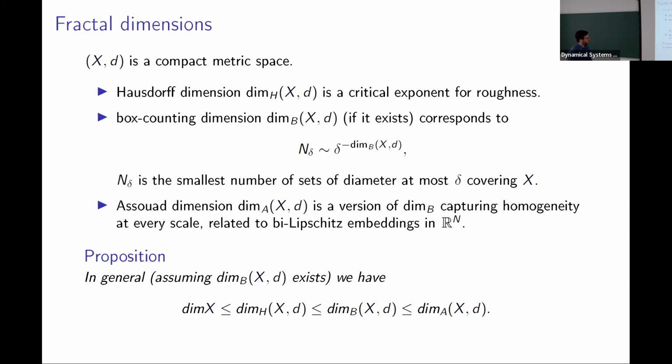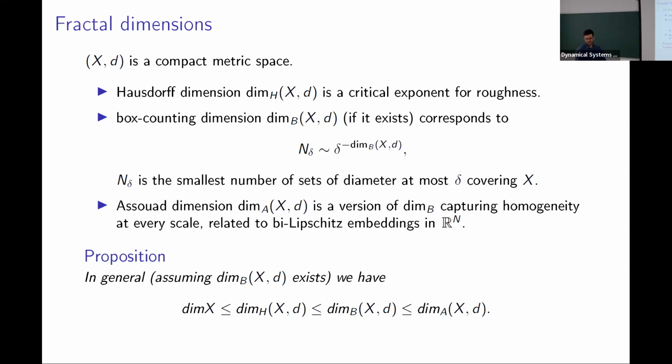Now, it's a dimension that captures homogeneity of your metric space at every scale and is related to bi-Lipschitz embeddings of your metric space in Euclidean space. Whenever this Schwarz dimension is finite, you can have a bi-Lipschitz embedding of some snowflake version.